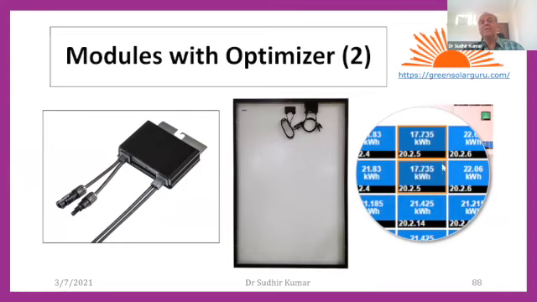So it gives the monitoring of each module's health. If one module is working nicely, another is not working. Everything you can find out from this. So that is the module with optimizer. And it is now becoming very popular. The only thing is that a little cost is added. So that is the reason why it is not more widely used. Otherwise, this is the best thing to use.